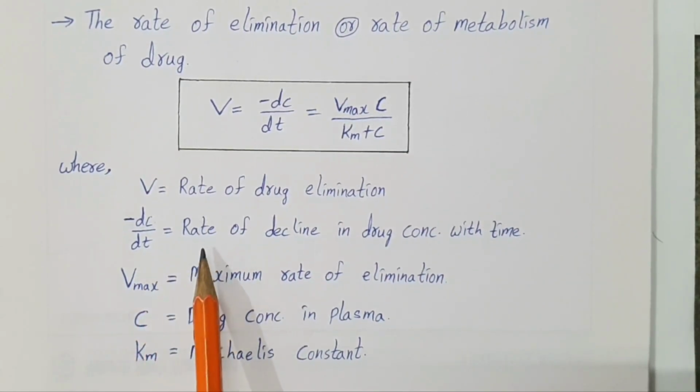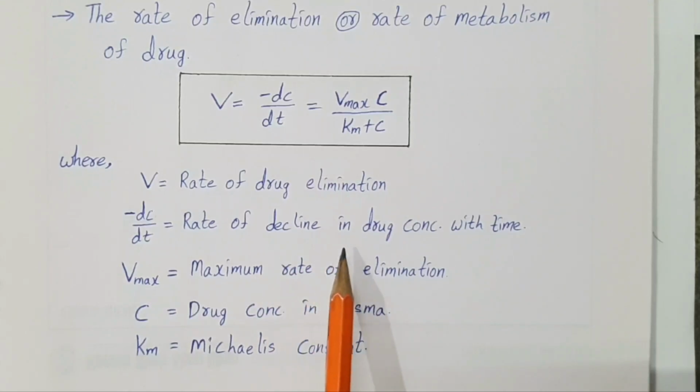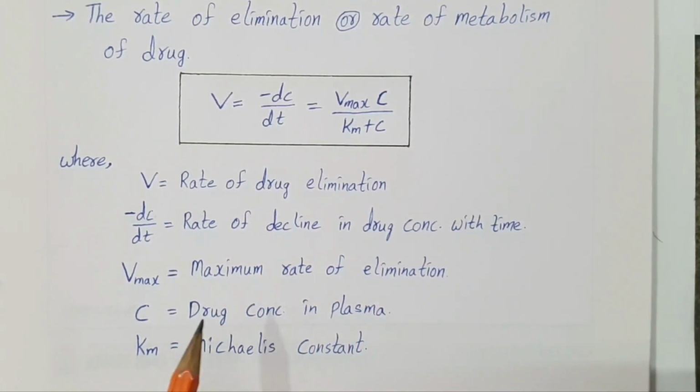Minus dC by dt is the rate of decline in drug concentration with time. Vmax is the maximum rate of elimination. C is the drug concentration in plasma and Km is the Michaelis constant.